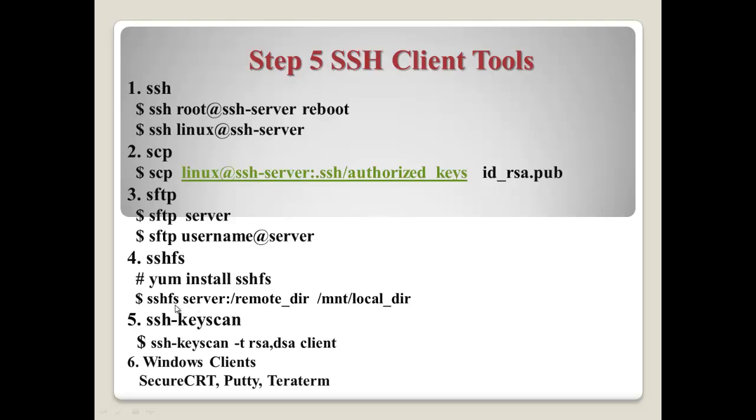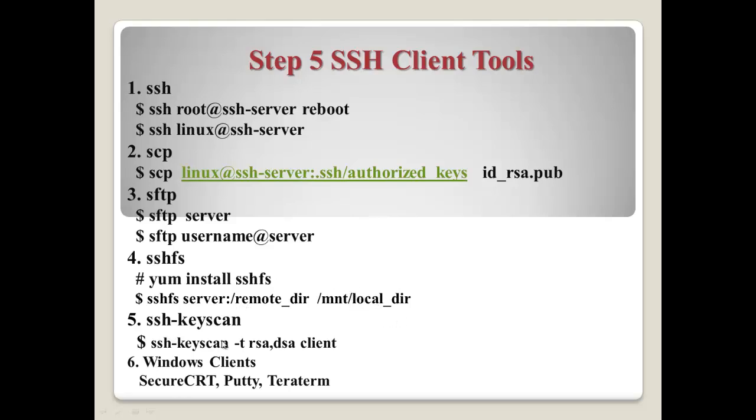SSHFS means it's a very secure file sharing service. For example, in the server system sharing the directory using NFS or Samba, in this case, you can use the SSHFS to mount your server directory to local system.